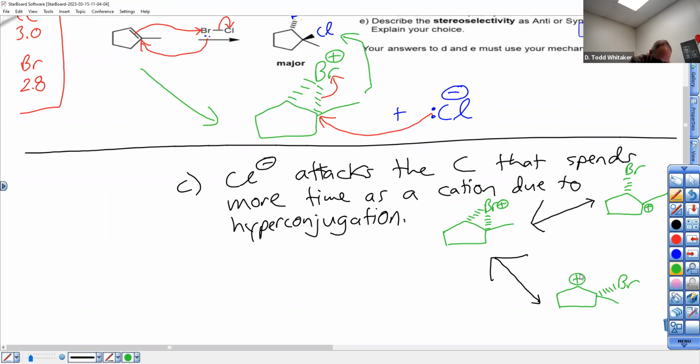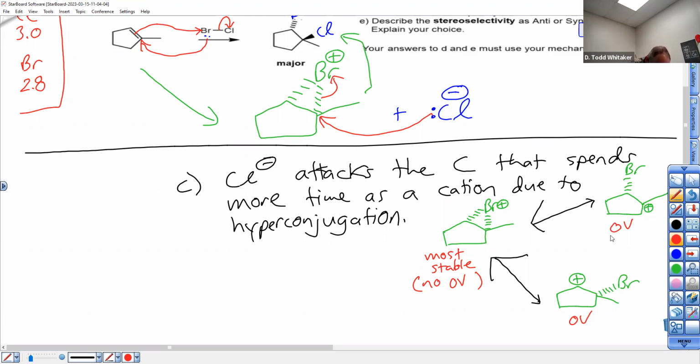So we have the most stable one, and the reason it's most stable is that it doesn't have any... what? No octet violations. Now, of the two octet violations, which one is a better cation?